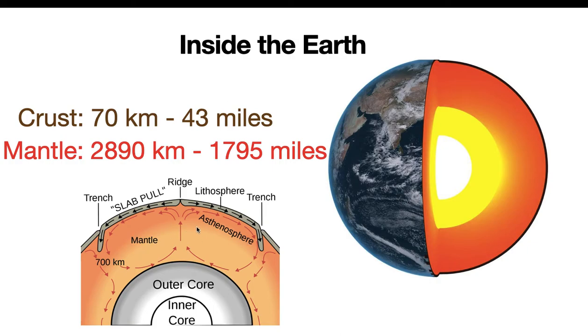And what's going on over here is that the hot parts of the mantle are rising, and I'll make future videos and maybe articles about why hot air is less dense. But the hot air is less dense, so it rises, and that's why hot air balloons rise.